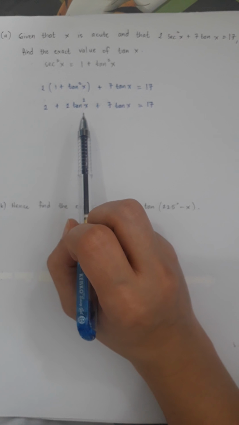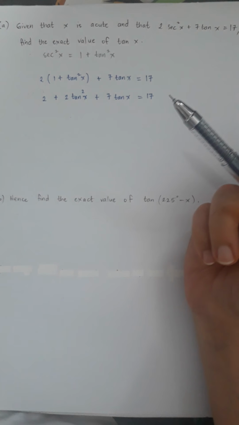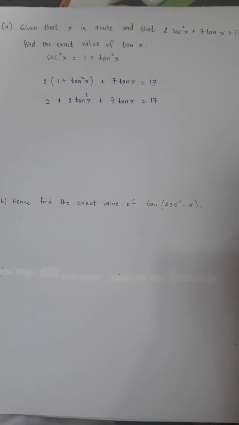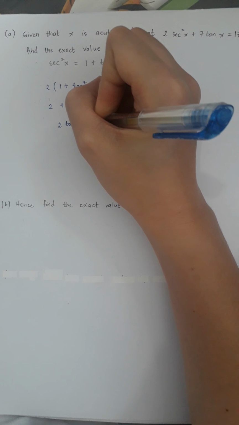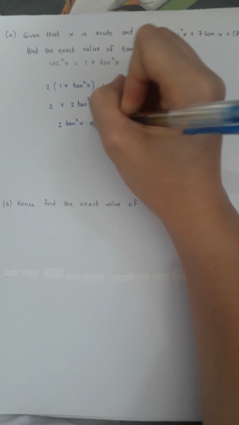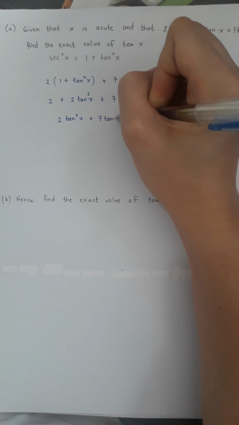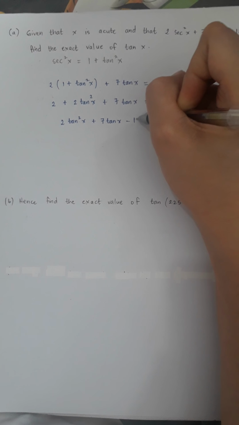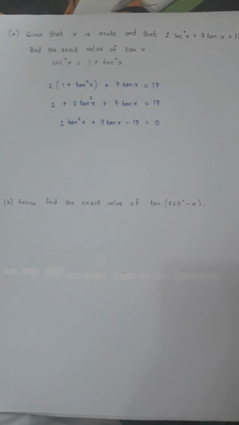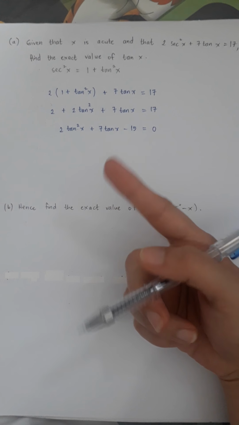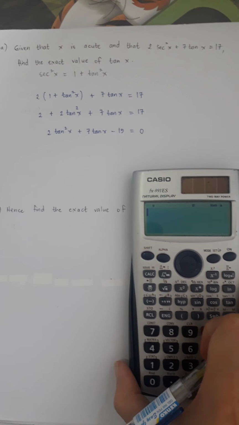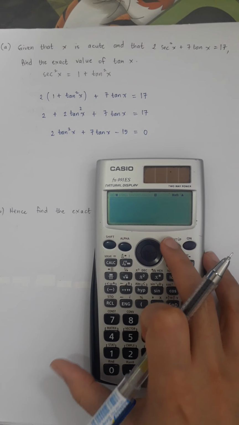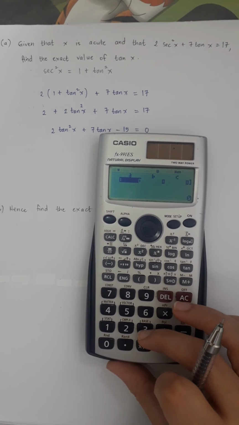That is again a quadratic equation in terms of tangent x. So let's solve the quadratic equation now, making one side 0. 2 tangent squared x plus 7 tangent x minus 15 is 0. You can apply substitution or you can directly get the values of tangent x. So I will directly get the values of tangent x by using mode 5(3) in the calculator.